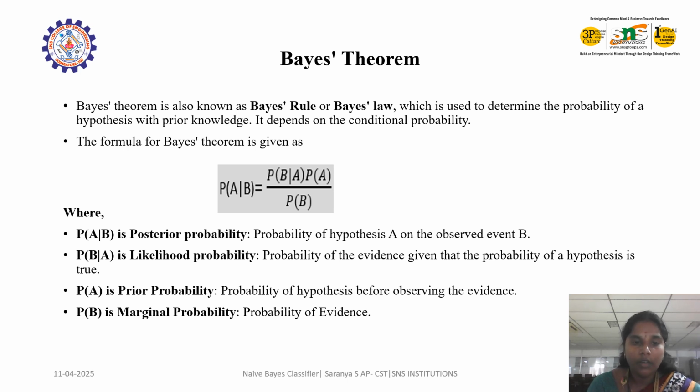P(A) is the prior probability, before observing the evidence of the hypothesis. P(B) is the marginal probability, the probability of the evidence.